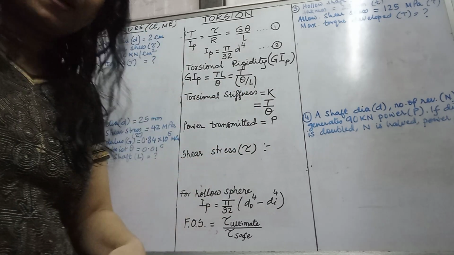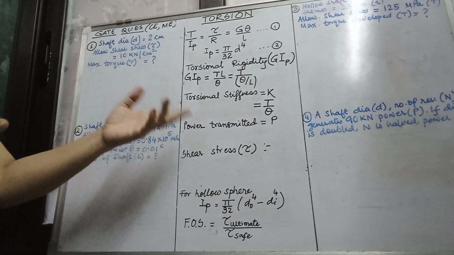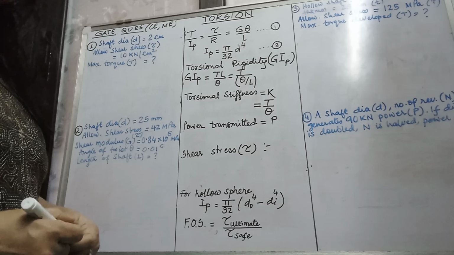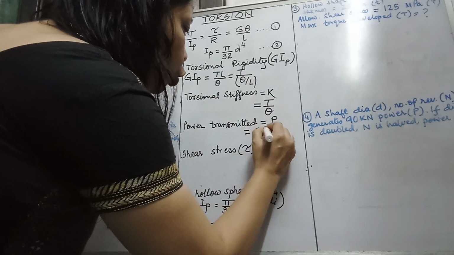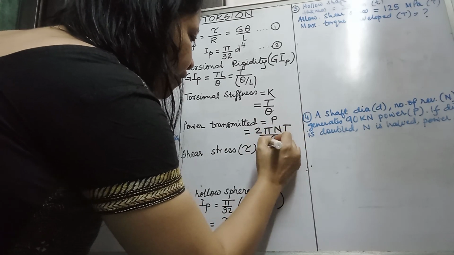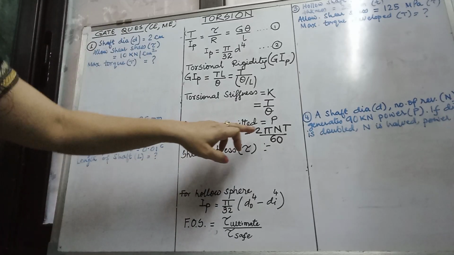Now the main purpose of the shaft is power transmission. So through a shaft we are transmitting power. What is the power transmitted by a shaft? P is equal to 2 pi n T divided by 60. You write down the meaning of the notation.